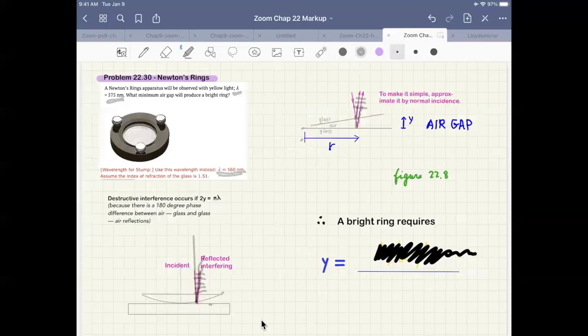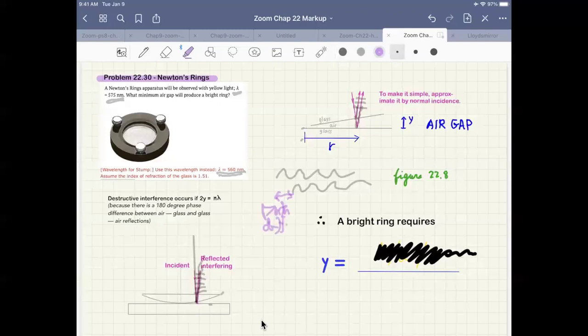Now, you might say that if the path difference is one wavelength, then you would have constructive interference. So suppose one wave is like this, and the other wave is like this. You see, they've shifted by one wavelength. So that's the path difference.